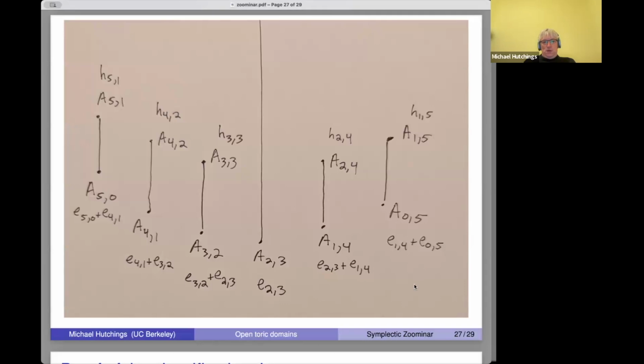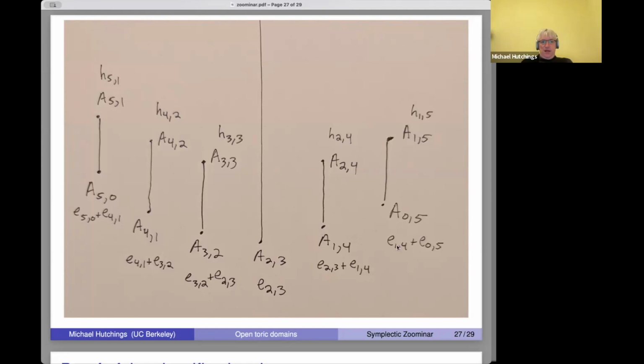And algebraically speaking, what I really need to do is present an upper triangular change of basis. So A_14 is not literally corresponding to E14, it's really corresponding to E14 plus E23.